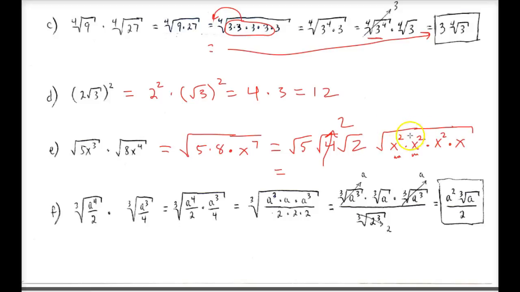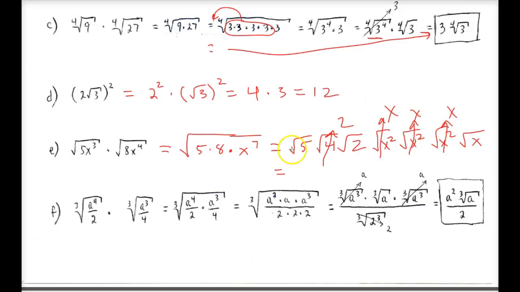So if we were to separate how this is written, I'll just go ahead and separate all this and rewrite it, we could do this as square root of x squared, square root of x squared, square root of x squared times square root of x. And so for each one of these, it would just be x.